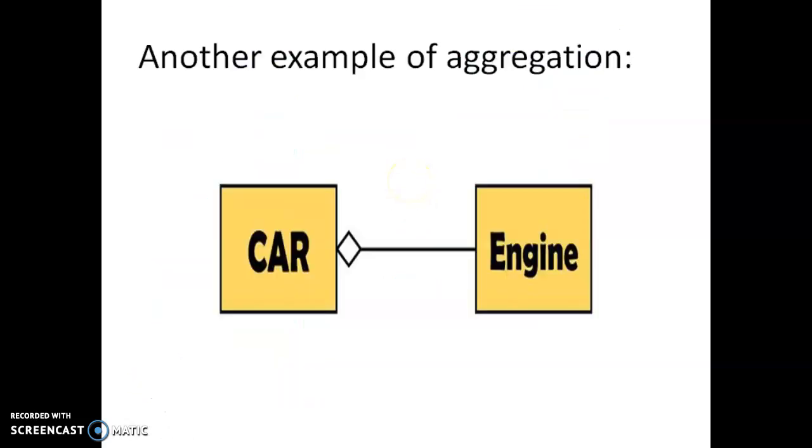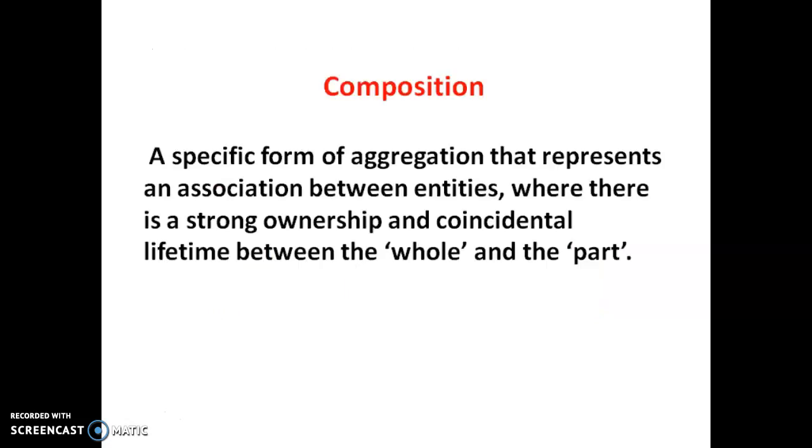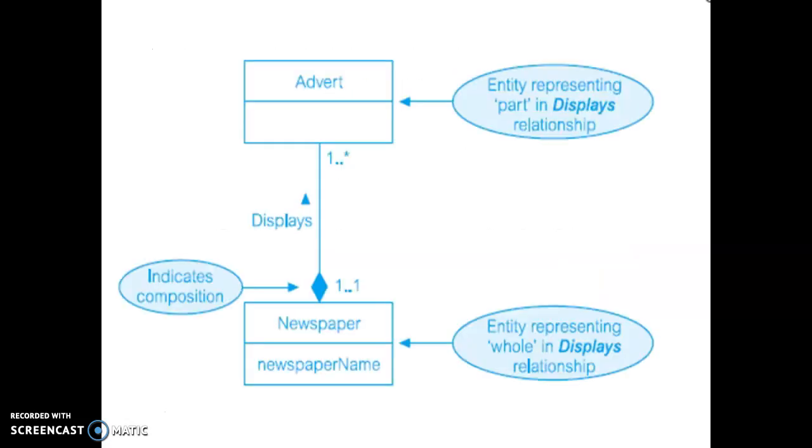And in the second example, engine is part of the car and engine can be a part of other vehicles also. But if you observe in this diagram, advertisement is a part which belongs to exactly one newspaper entity only. So this is one difference we can find between aggregation and composition.